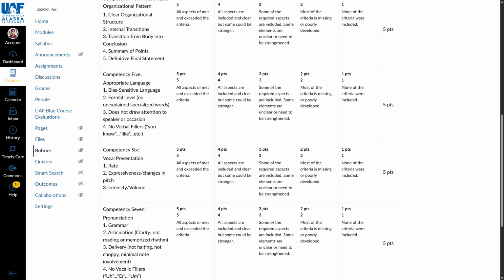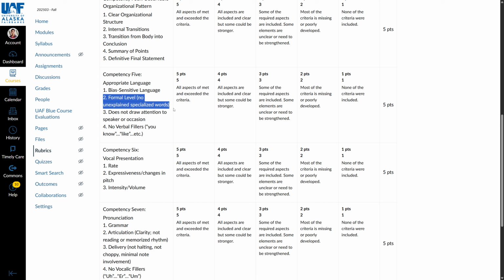Language, bias-sensitive language, basically considering your audience and what words might be appropriate or inappropriate for them and then keeping that in mind. Specialized words is also important. If you're giving a speech about something that you're an expert in, keep in mind that not everyone in the class is going to have the same major or the same expertise as you.